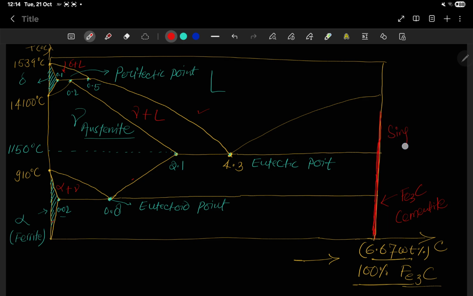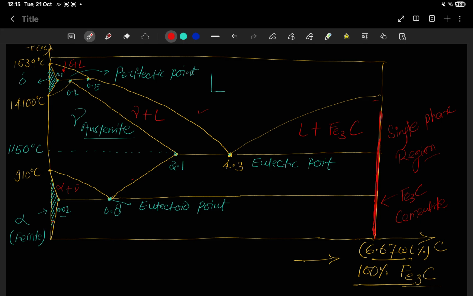This is a single phase region. If Fe3C is present on this line, can you tell me what is going to happen in this region? This will be L plus Fe3C, okay, L plus Fe3C.